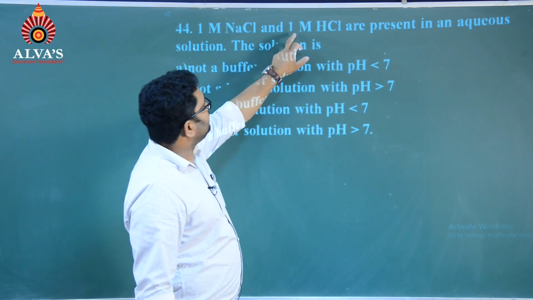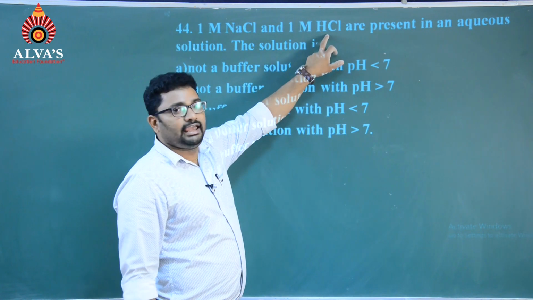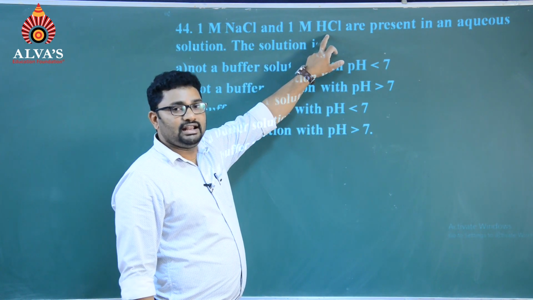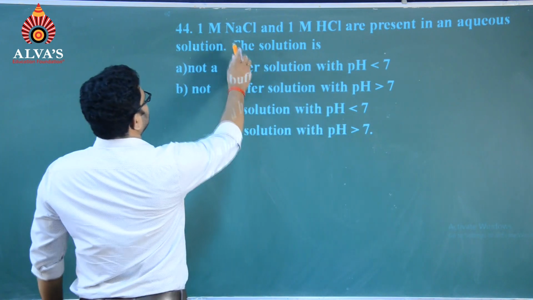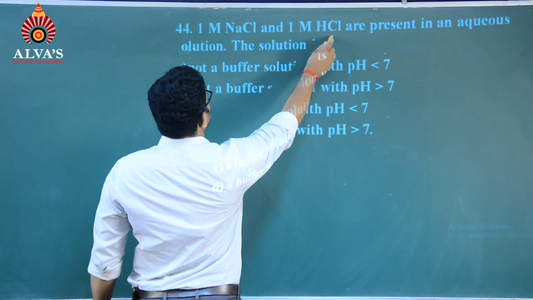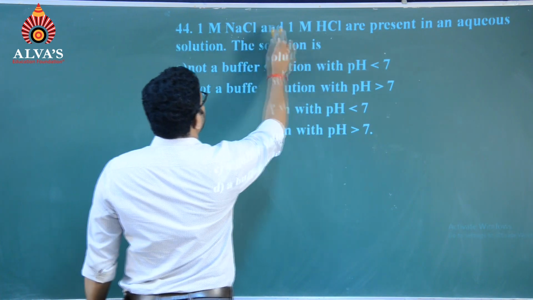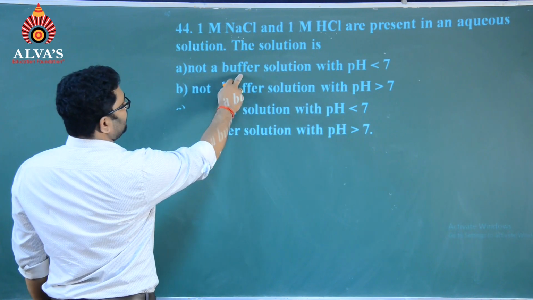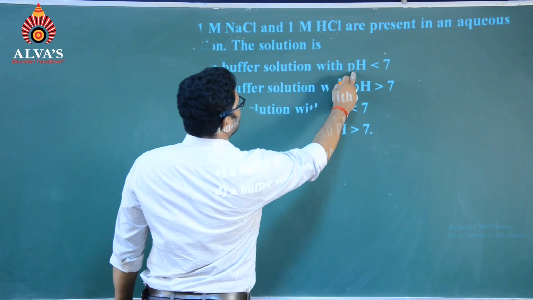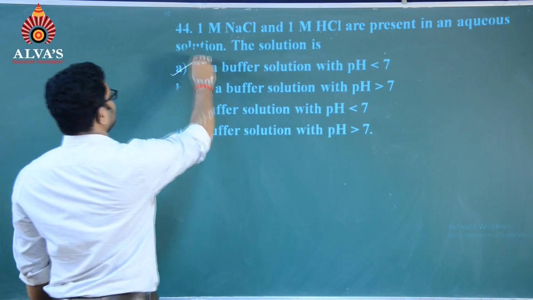Now we take 1 molar HCl, being acidic, pH will decrease. Hence, students, it is not a buffer. NaCl and HCl won't give you a buffer. So it is not a buffer solution, with pH less than 7.